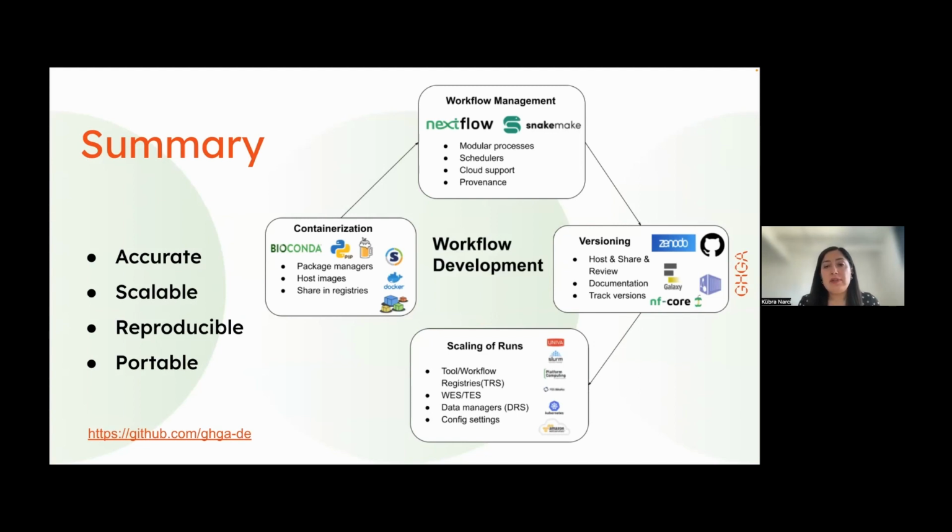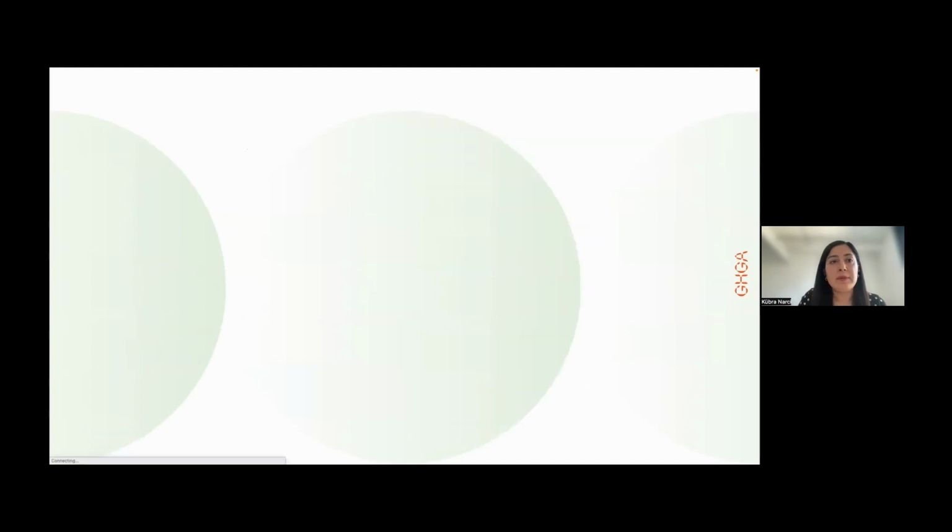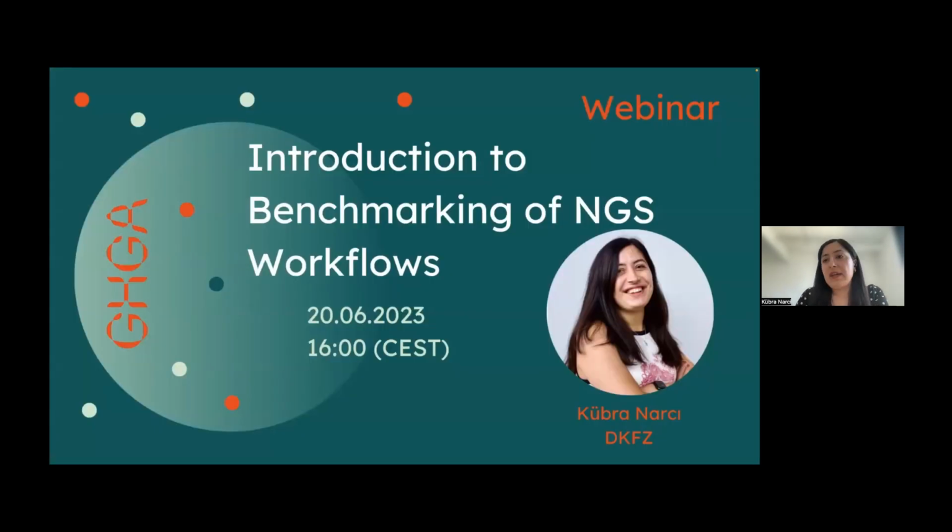And in order to maintain and demonstrate the high standards for public pipelines, benchmarking studies will be needed. And as GHGA, we have an ongoing plan. And in my next webinar, I will go over the importance of accuracy and benchmarking in NGS workflows.